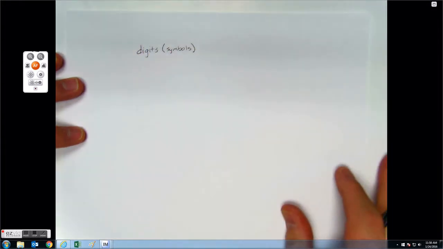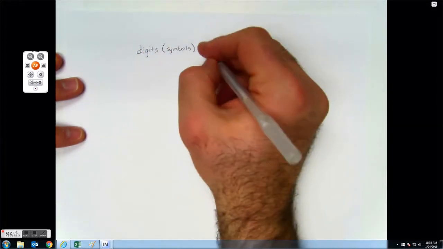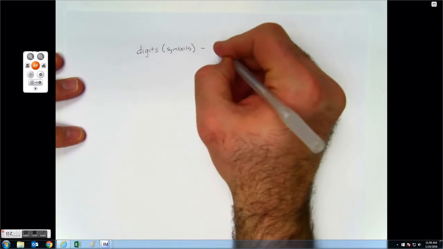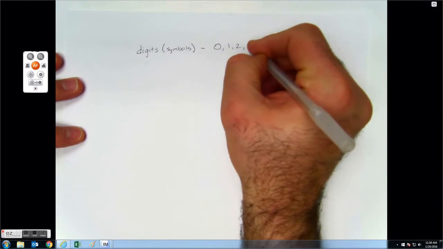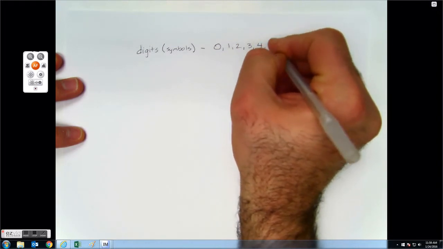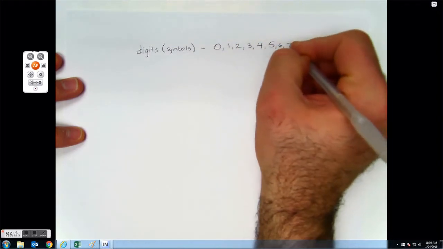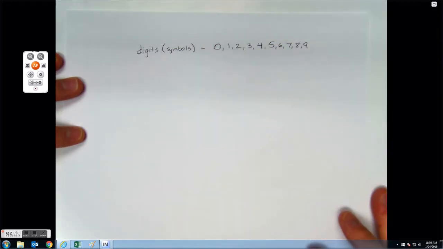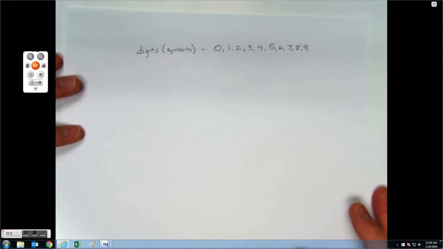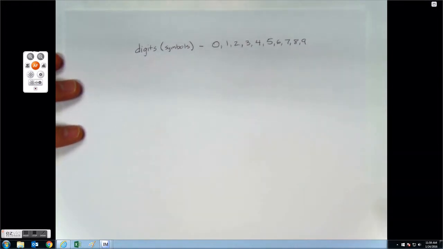They're symbols that we use to represent quantities. The symbols, digits that we use in the Arabic numeral system are these. We use these 10 digits to make all of our numbers in the Arabic numeral system.